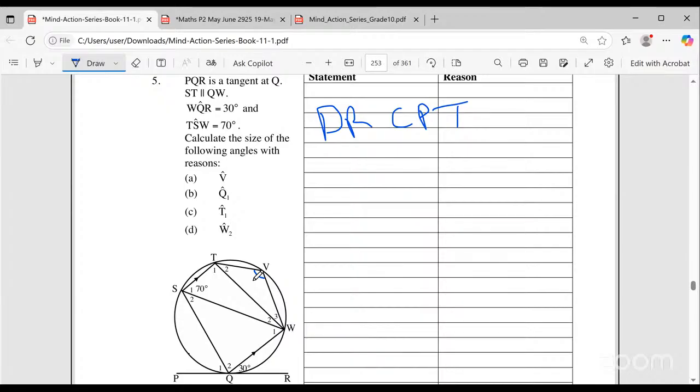So what's the reason behind that statement that SW is a diameter? I disagree. I disagree.